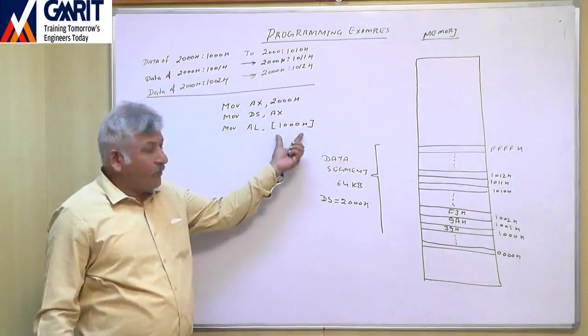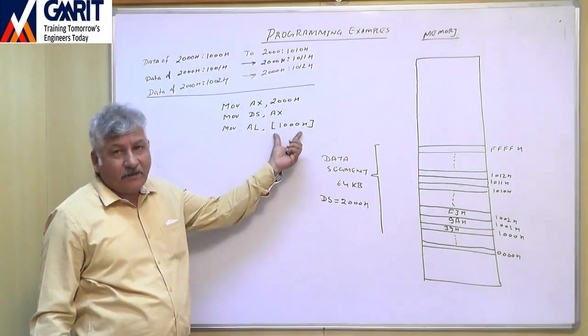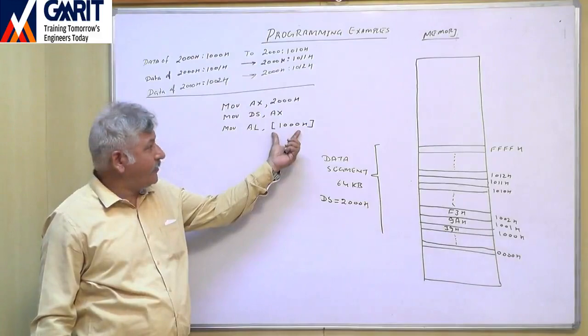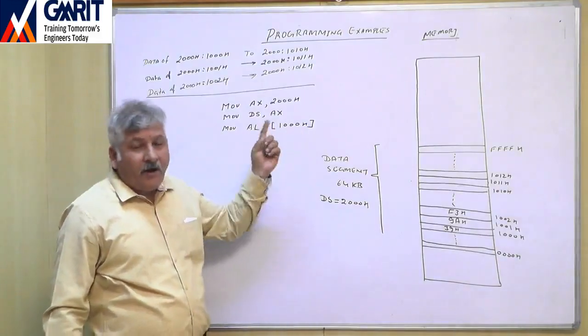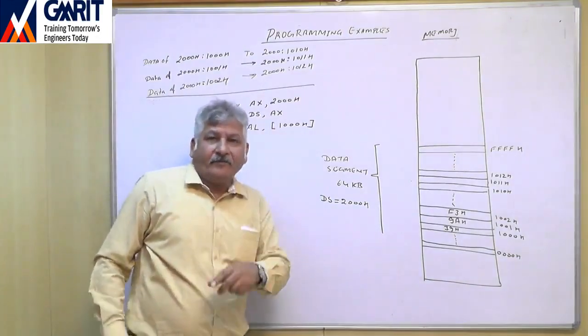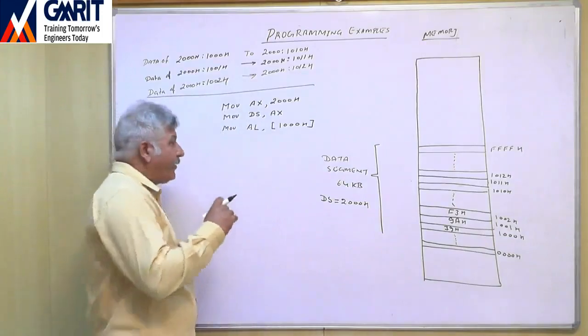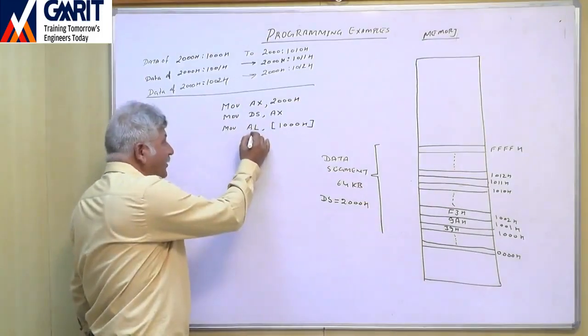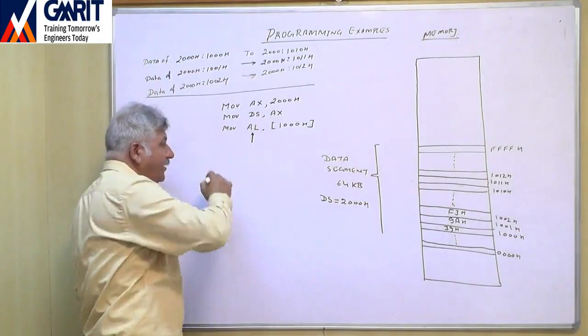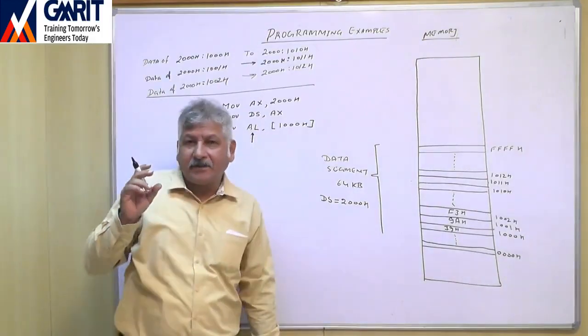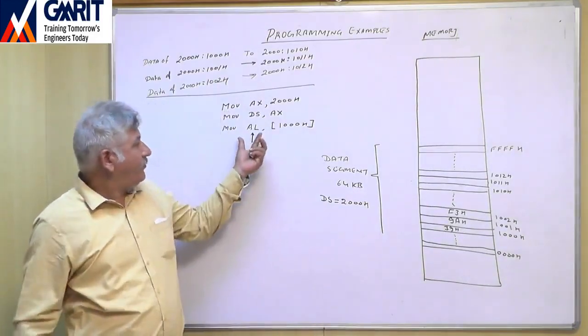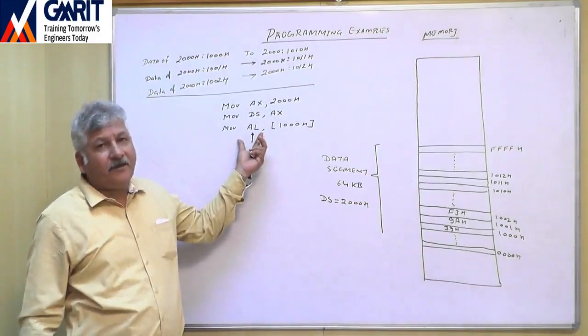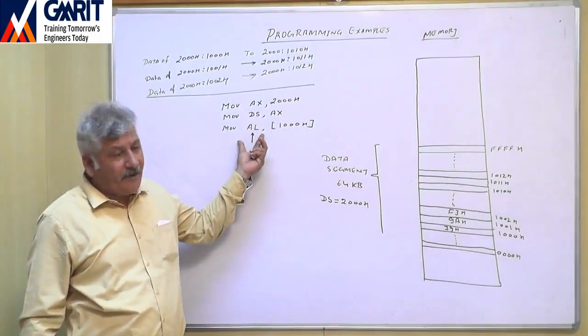So this is the example of direct addressing mode. And what is the purpose of this example? An 8-bit number will be transferred. How do we come to know that an 8-bit number will be transferred? You just see your destination register. This is AL, which is an 8-bit register. So this indicates that there is a data transfer of an 8-bit number, right?